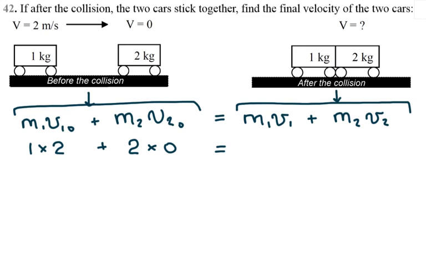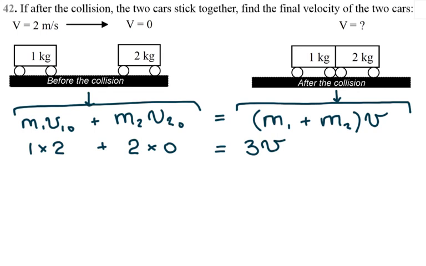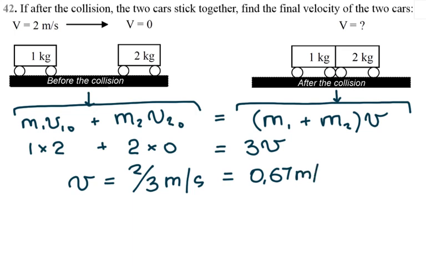So instead of writing m1v1 plus m2v2, because they have the same velocity and their masses are combined, I can write m1 plus m2 times v. Their masses combined give me 3 kilogram, and I'm looking for their velocity after. So v is equal to 2/3 meters per second, or 0.67 meters per second.